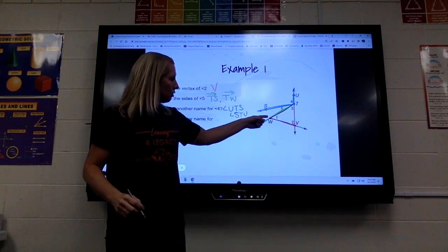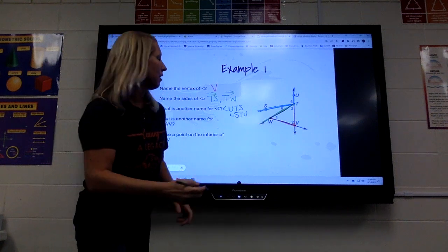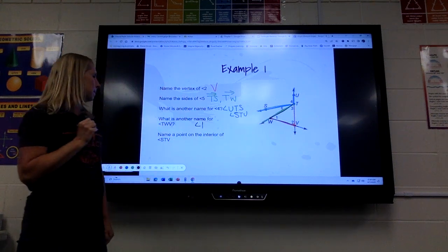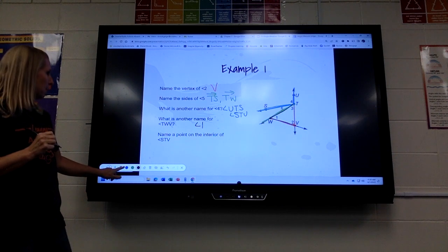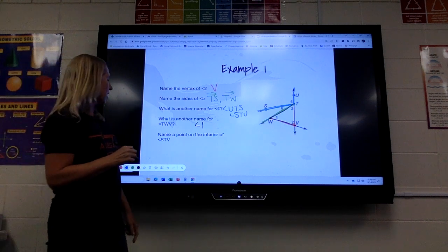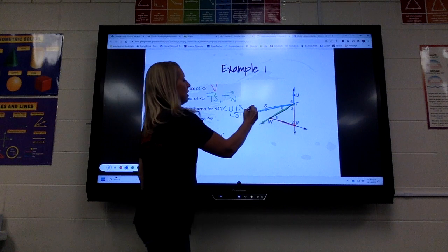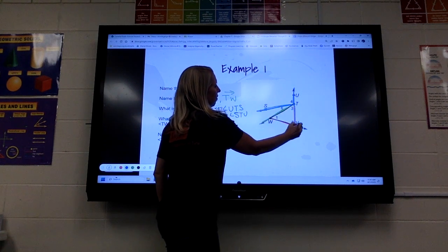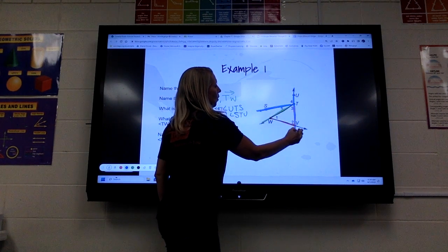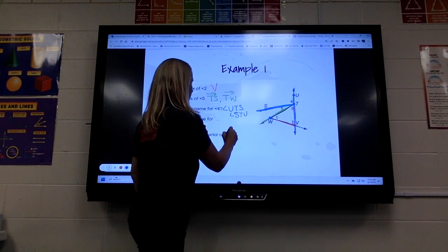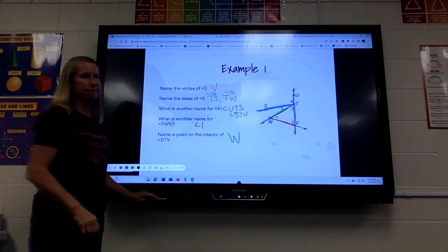Do you see that number 1 on the inside? I could just name it angle 1. And then it says name a point on the interior of angle STV. So STV is this angle right here. The point that's interior to that would be W.